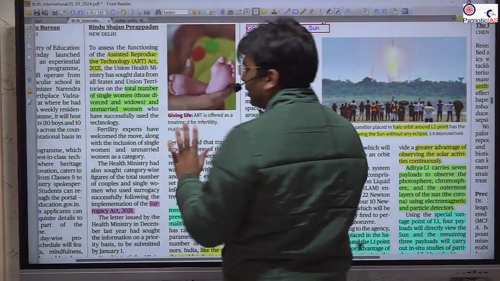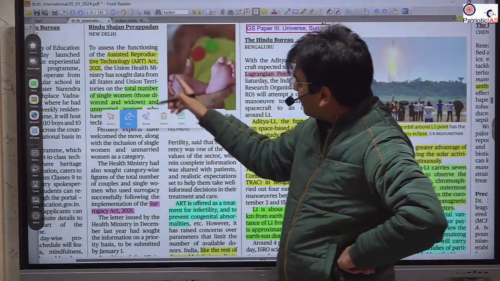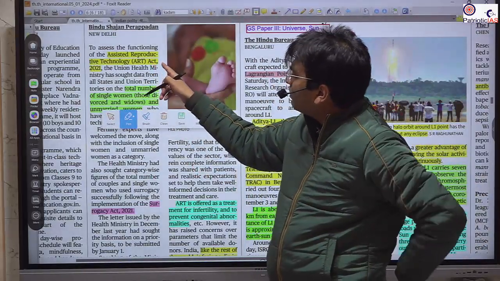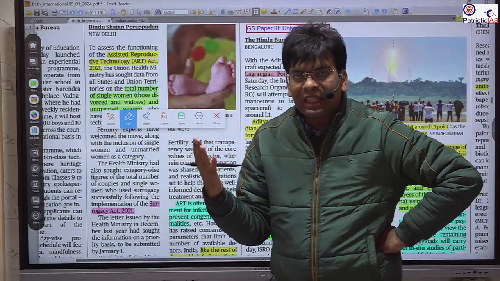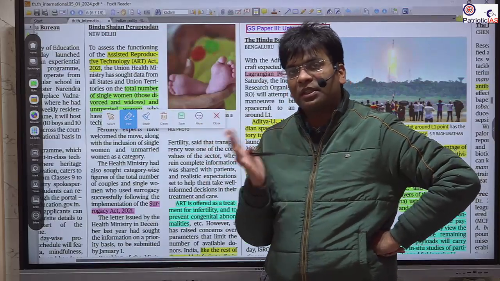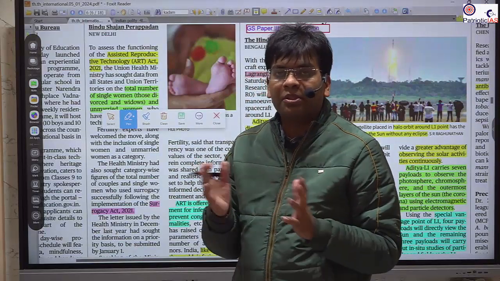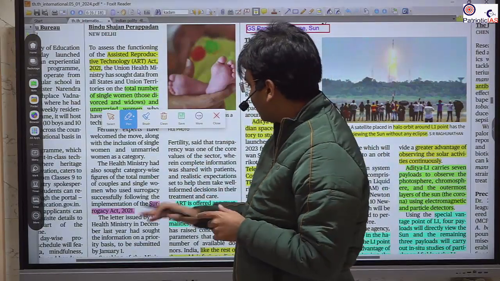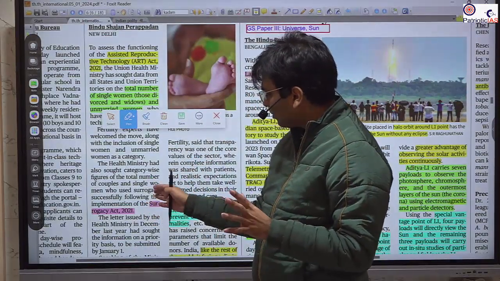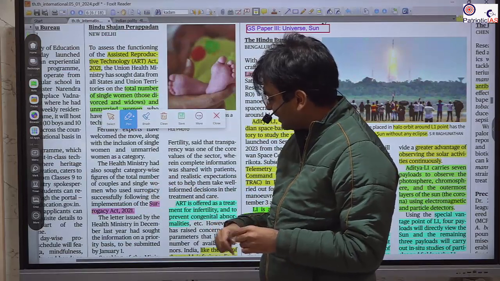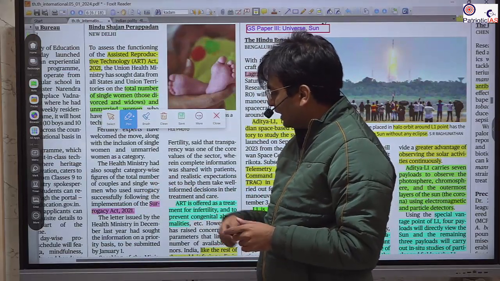For example, this is particularly associated with infertility, either in a couple, a male or a female. But it is not necessary that it is only due to infertility.